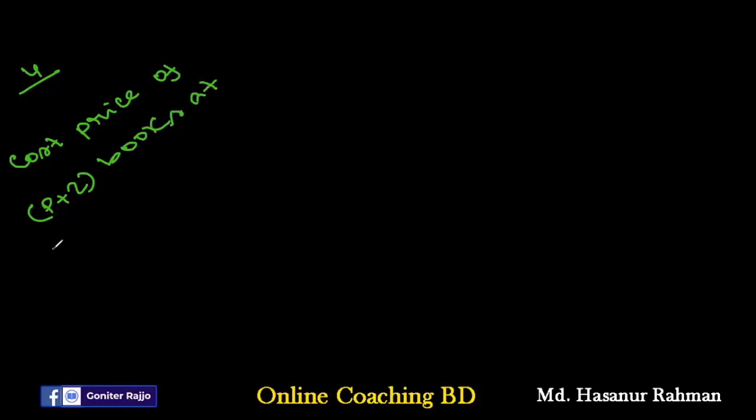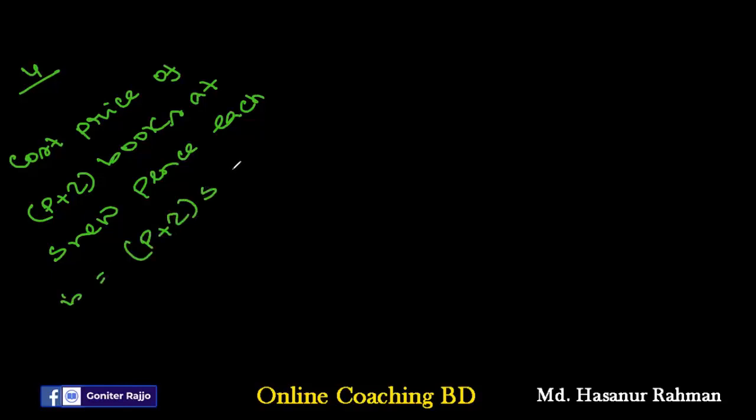Number 4, cost price of P plus 2 books at S new pence each is P plus 2 multiplied by S. That means SP plus 2S. We are just multiplying P plus 2 by S.